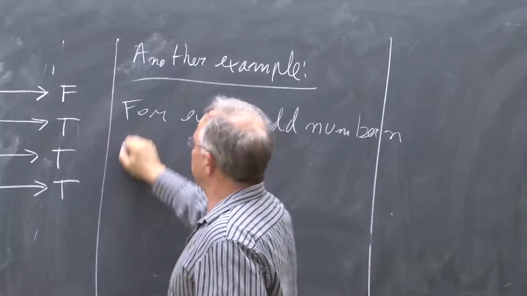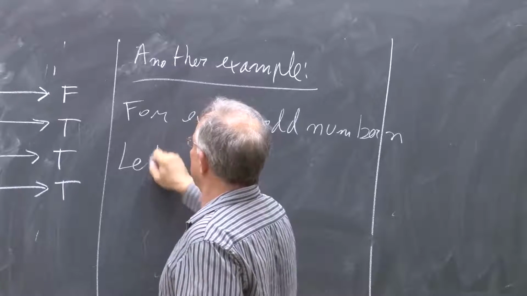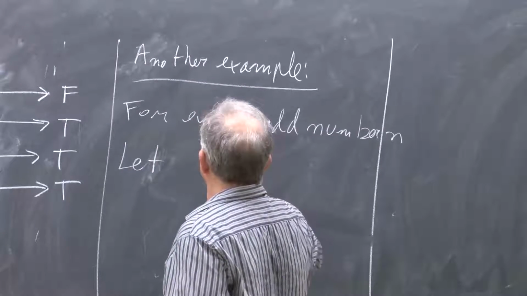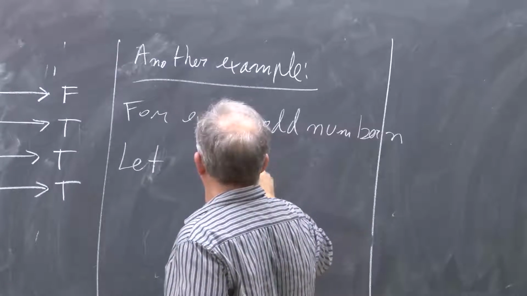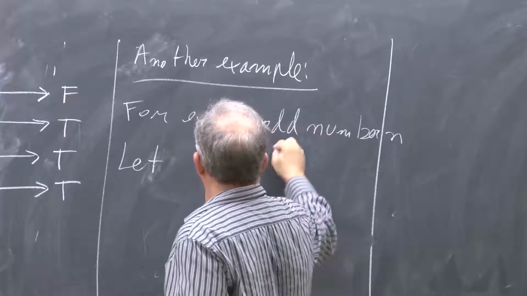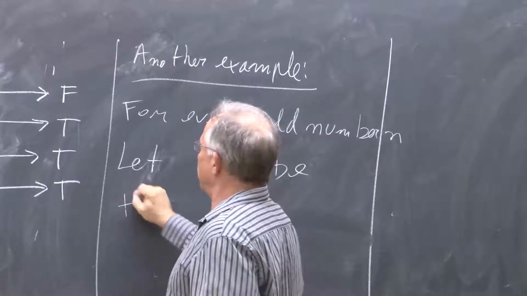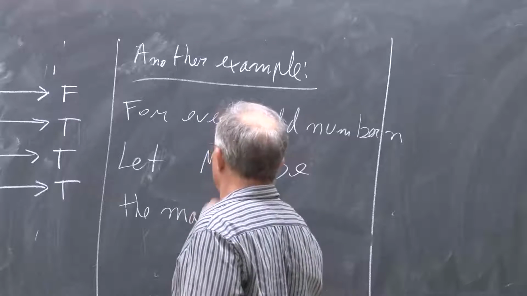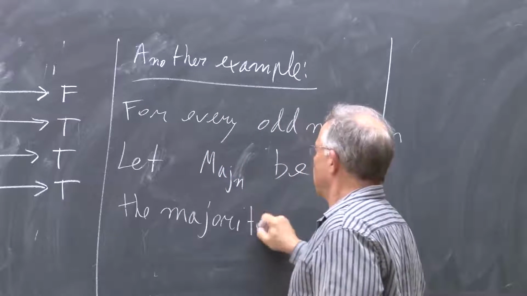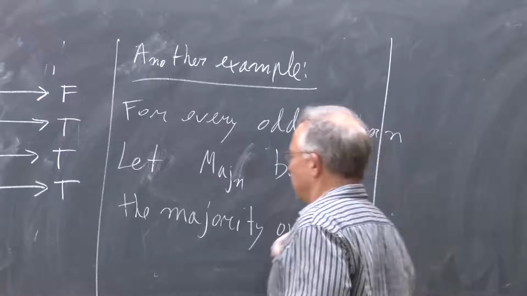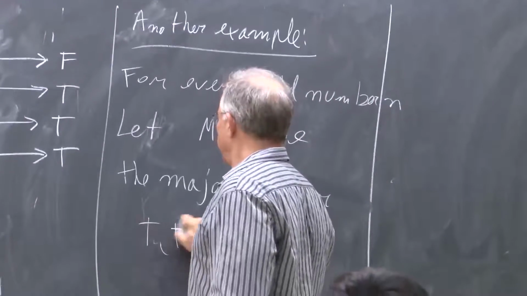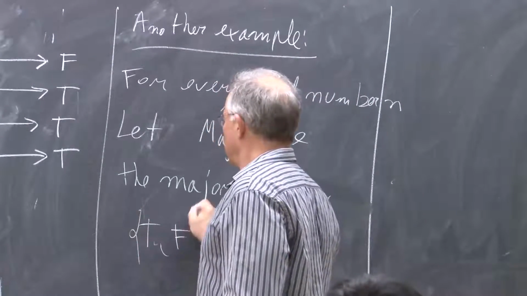let Maj n be the majority over Tf to the n.